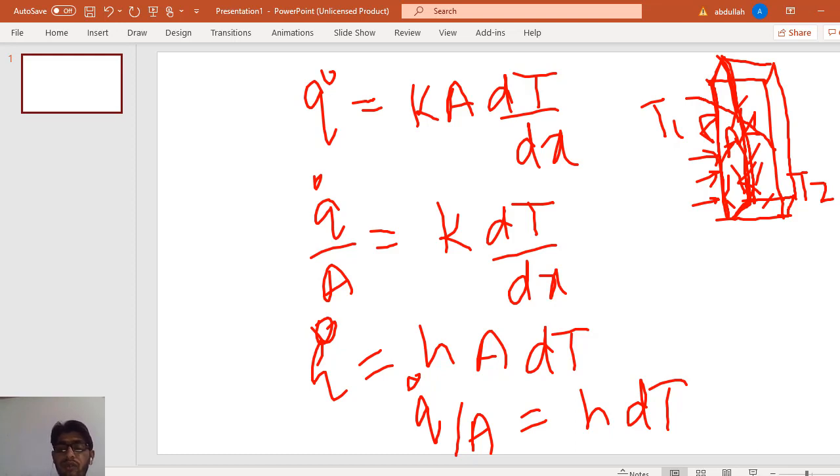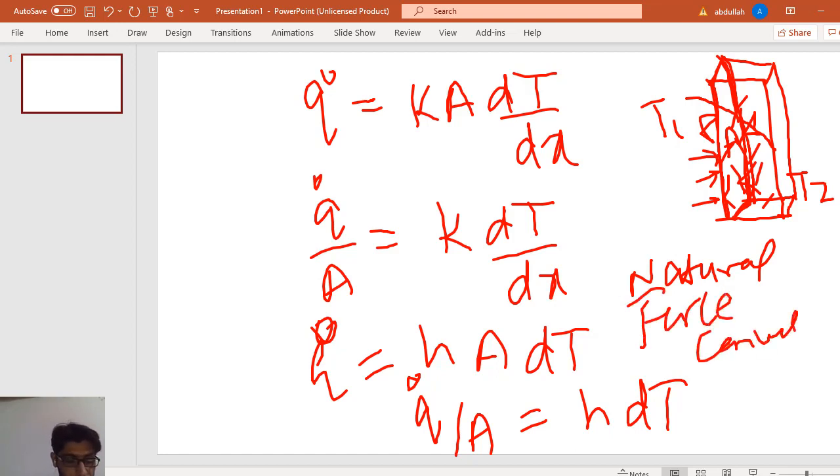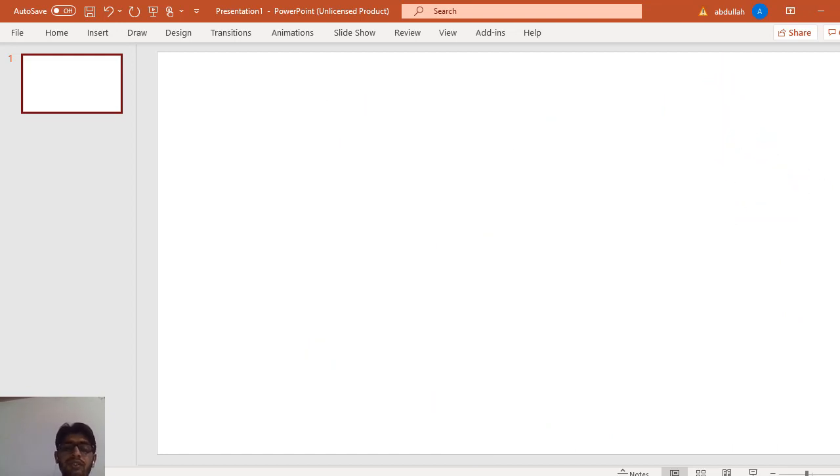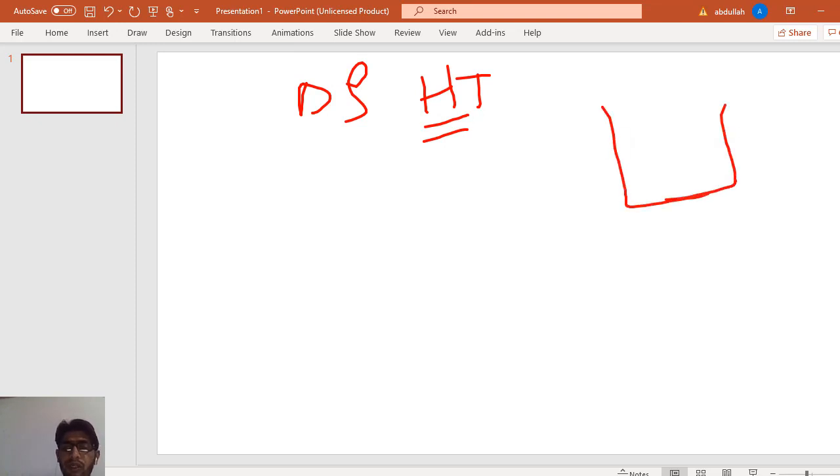One is the natural convection process, and the other is the forced convection process. In the natural convection process, heat transfer takes place due to density difference. Suppose we have water in a container.